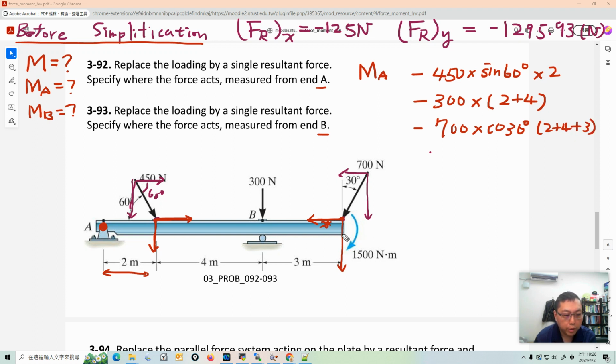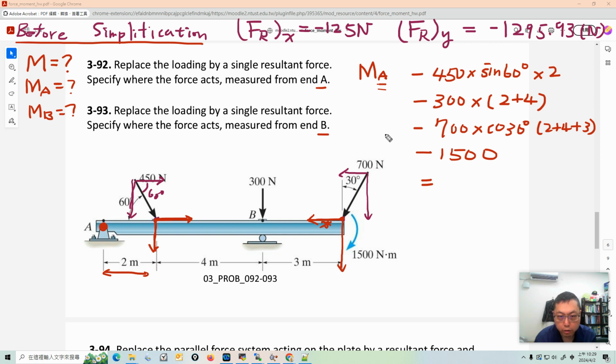Finally, we have the external moment of 100 here. It's clockwise, so we have to add it in our equation. That's the total moment of the system with reference point A. Let me check my notes and calculation details.